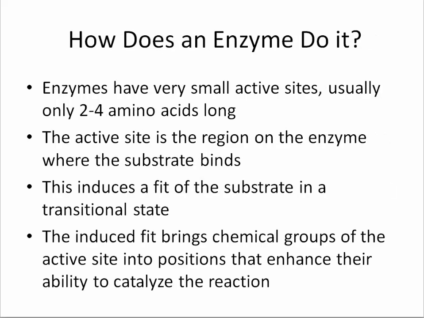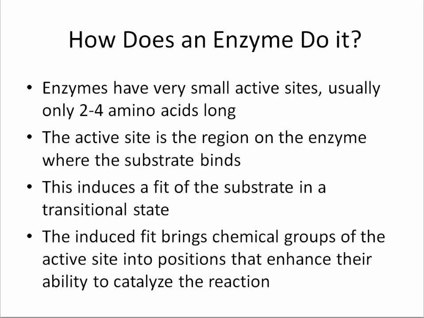How does an enzyme do it? You would wonder. Well, enzymes have very small active sites, usually only 2 to 4 amino acids long, and they may be a really big protein molecule. But the active site is the region where the substrate will actually bind, and that is very small.